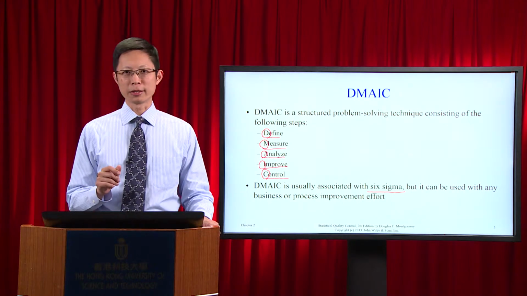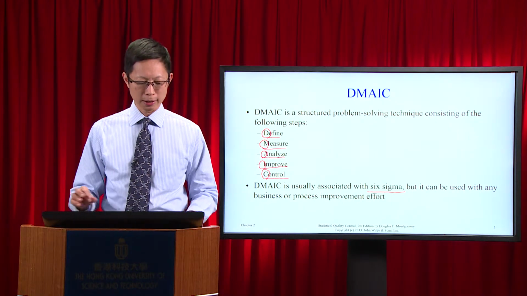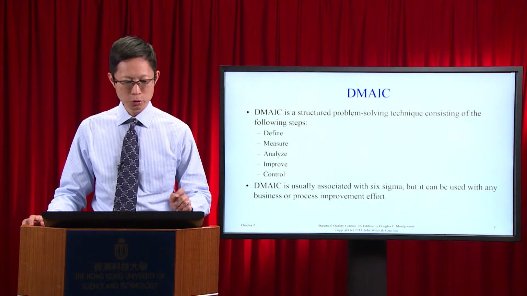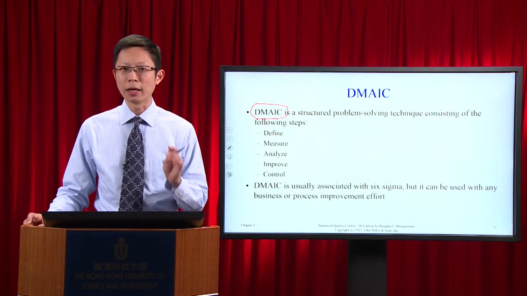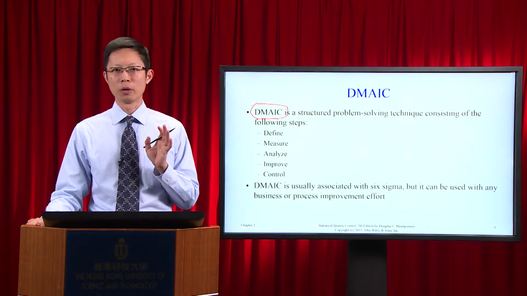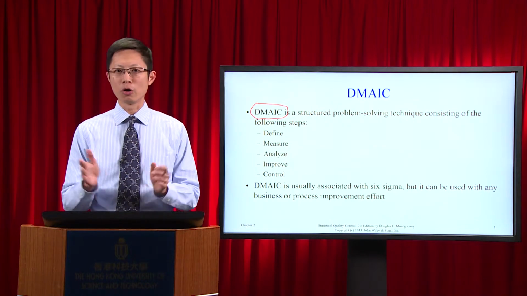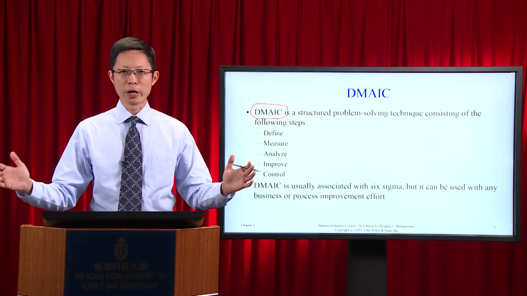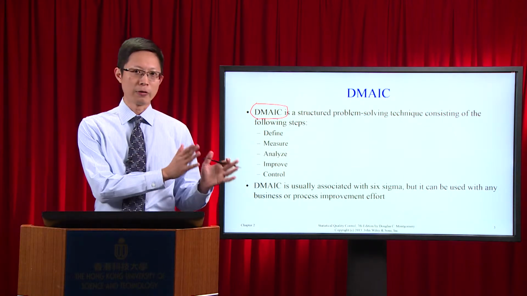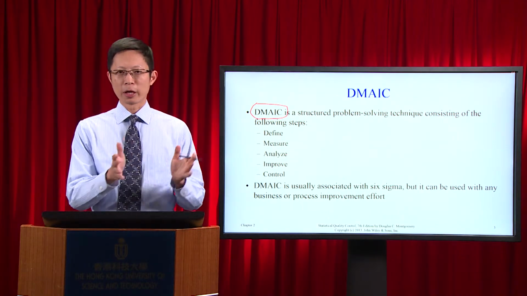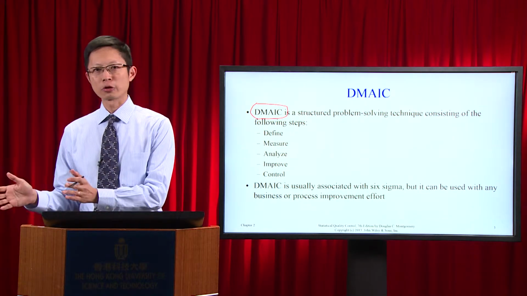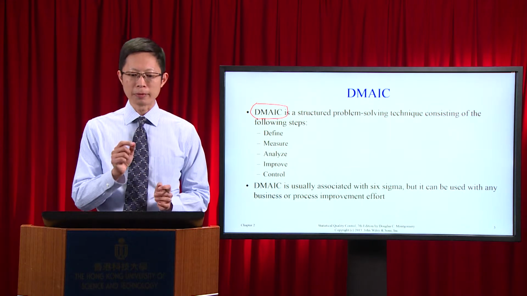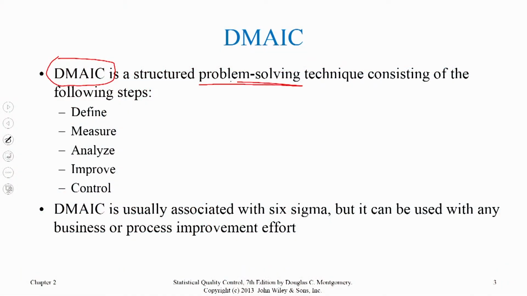What I want to say is that the DMAIC techniques are not just used for manufacturing, and not just limited to quality improvement. They are used in a very wide range of industries, from different kinds of manufacturing to non-manufacturing processes. And the aim is problem solving.